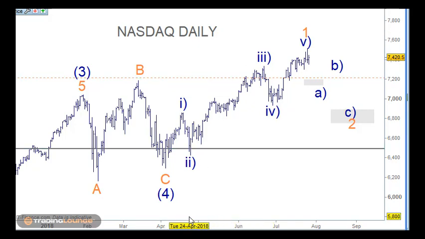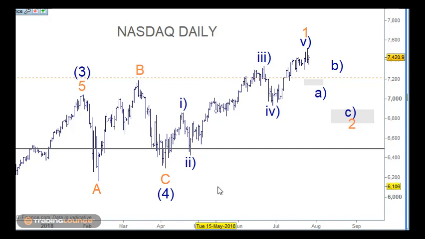So this is partly why I've looked at it in terms of wave 1 to the upside here, looking at this as an A and a B and a C wave here for wave 4. And it's possible to have this as wave C here, then a D and an E here, and have wave 4 here, and then count this differently up through here. But this kind of fits in with the Asian markets here as well.